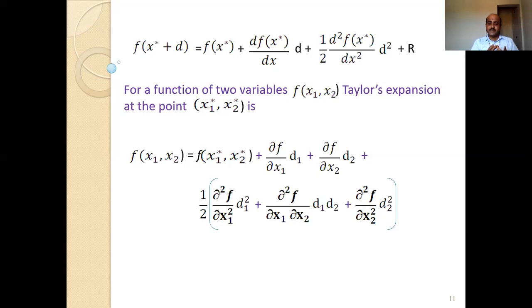So this is how the Taylor's expansion changes with respect to the two variables.